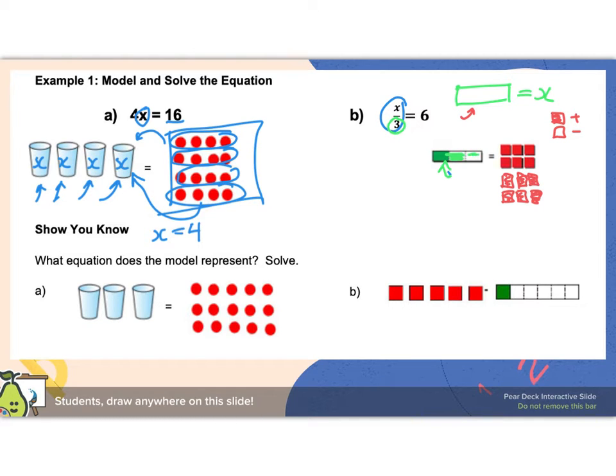Then I'm going to fill in that last segment, which is worth the exact same amount: 1, 2, 3, 4, 5, 6. And once again, I'm going to fill them in. So now visually I can see 1x, one long green tile, is equal to 6, 12, 18. So in this one over here, x is equal to 18.